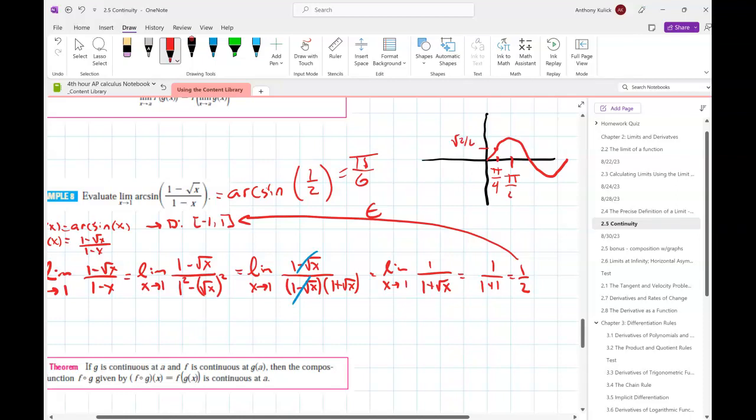Cosine of pi over 4 and sine of pi over 4 are both root 2 over 2. That's like 0.707. 1/2 is less than that, so the x there has to be somewhere between 0 and pi over 4. The only unit circle angle between 0 and pi over 4 is pi over 6. That's the way I'm thinking about it.